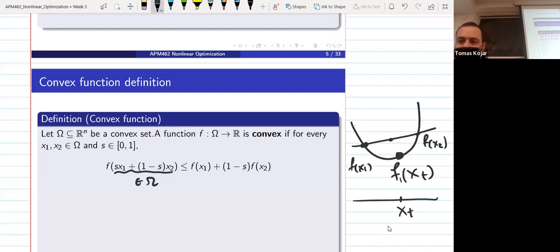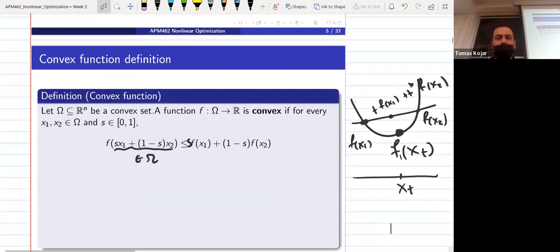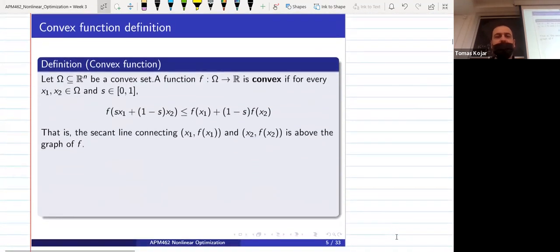So this guy over here is t f of x1 plus t star f of x2. So the graph at the interpolation point lies below the chord. That's the picture you should have in mind. All right, good. And the second way of saying it is that the chord lies above the graph. All right, good.